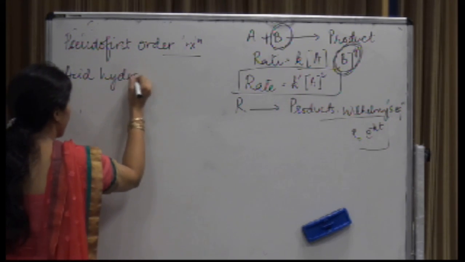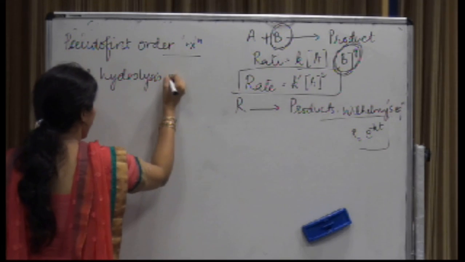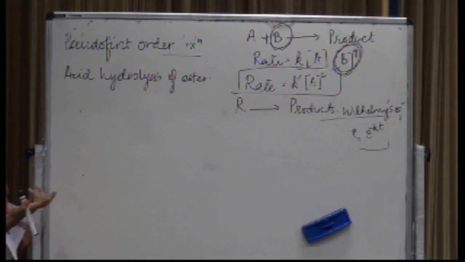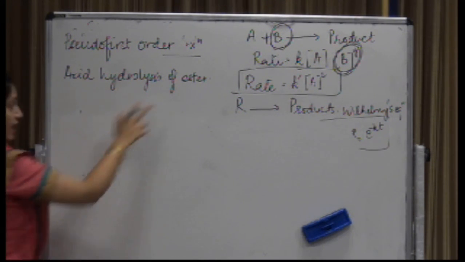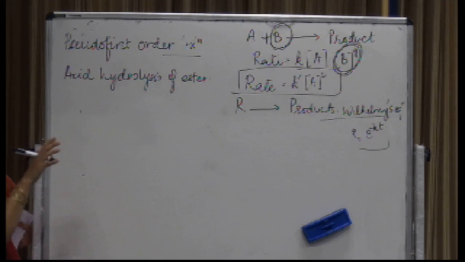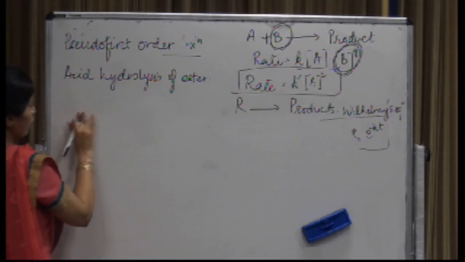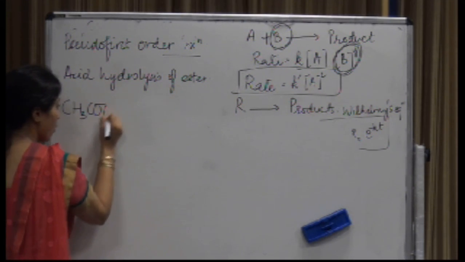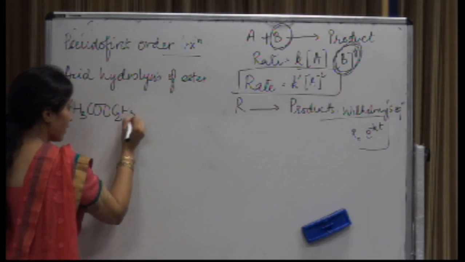Acid hydrolysis of ester. Acid means H plus, hydrolysis means we are breaking water, of ester. Now ester you've already done in 10th grade. What are they? For example, if I talk about methyl acetate, it will be CH3COOC2H5.